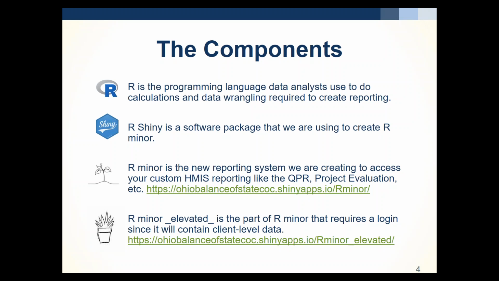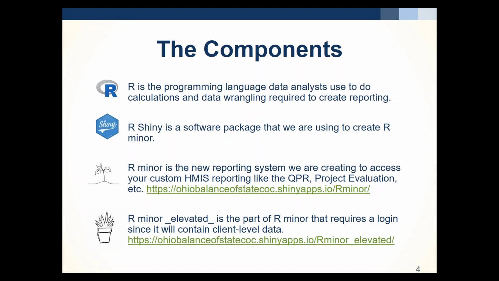The last one on here is R Miner Elevated, which I haven't really talked about very much in the past. It's part of the overall system that we're building, but it has a separate URL. We needed a way to have custom reporting that was behind a login, because we want you all to be able to see how we're coming up with the calculations that are available publicly in R Miner.